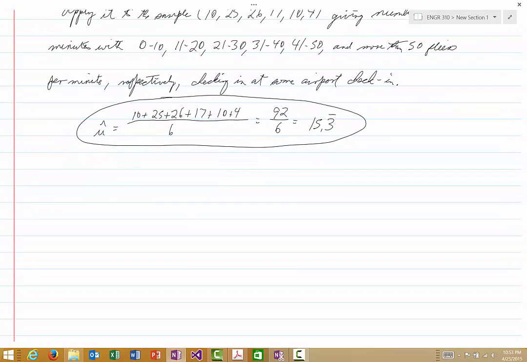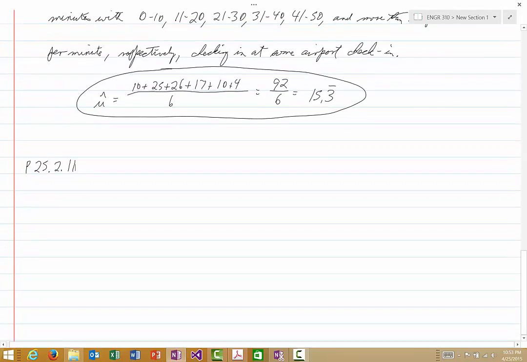And again, that was for the Poisson distribution, which is a discrete random variable. Now let's look at one for a continuous random variable. We'll do problem 25.2.11.